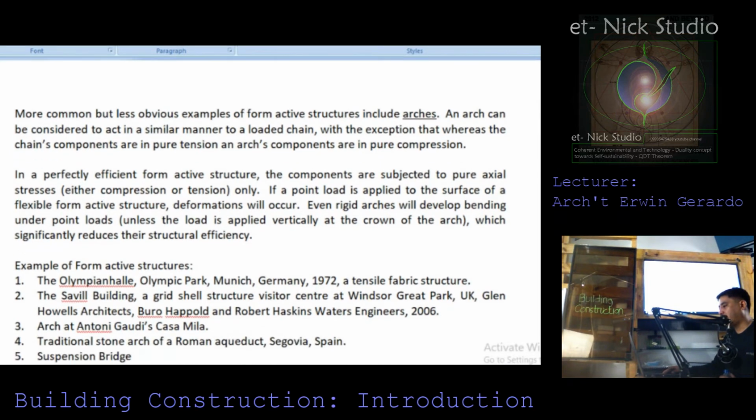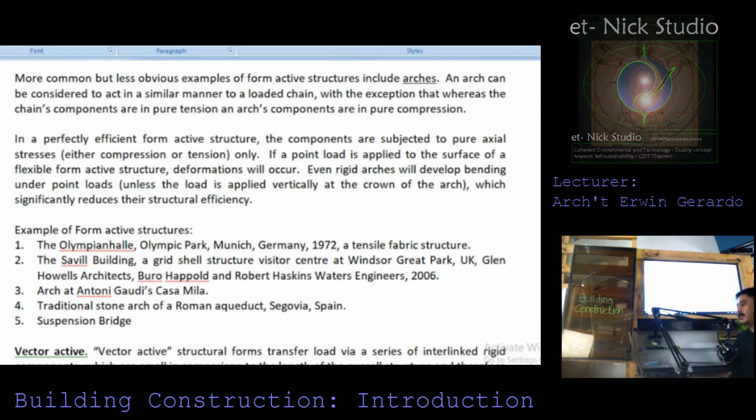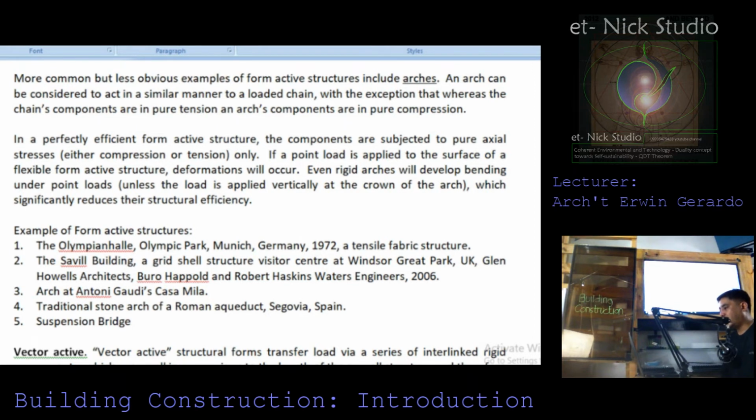A more common, but less obvious example of form active structures includes the arches. An arch can be considered to act in a similar manner to a loaded chain, with the exception that whereas the chain's components are in pure tension, an arch's components are in pure compression. Or you could simply visualize an egg, that an egg of a chicken is in pure compression.